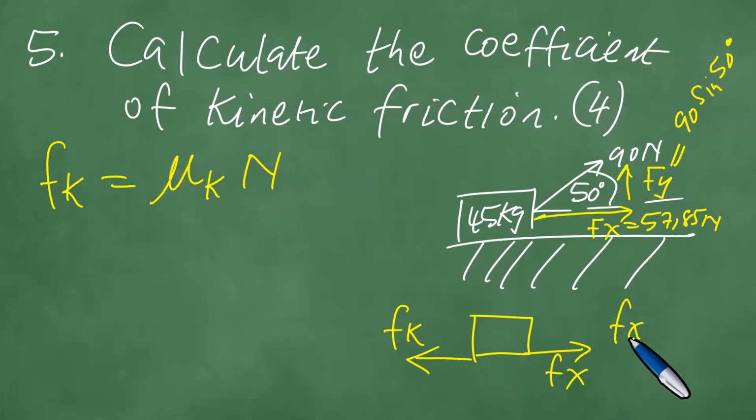In other words, Fx is minus Fk. They are equal in magnitude but opposite in direction.